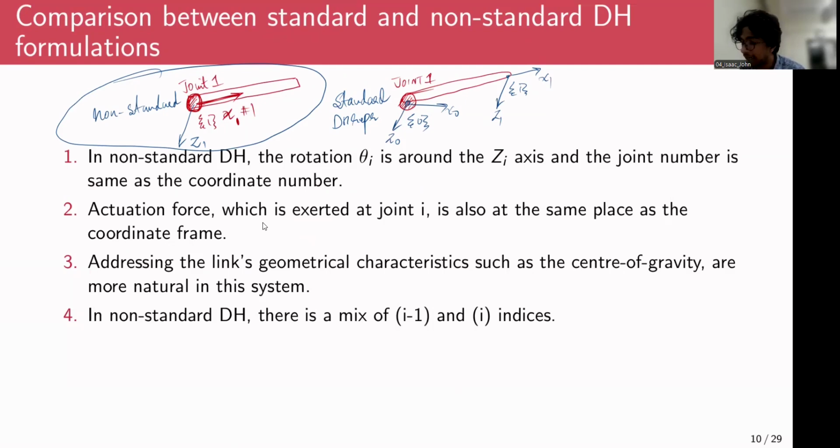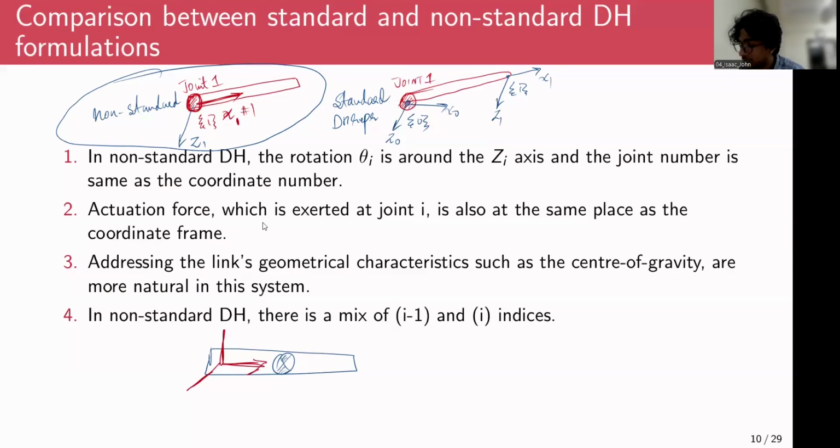And the third point is addressing the links: geometric characteristics such as center of gravity are more natural in the system, right? So if you have a rigid link like this, and a center of gravity like this, in case of a non-standard representation, you have the frame of reference attached at the proximal end, right?